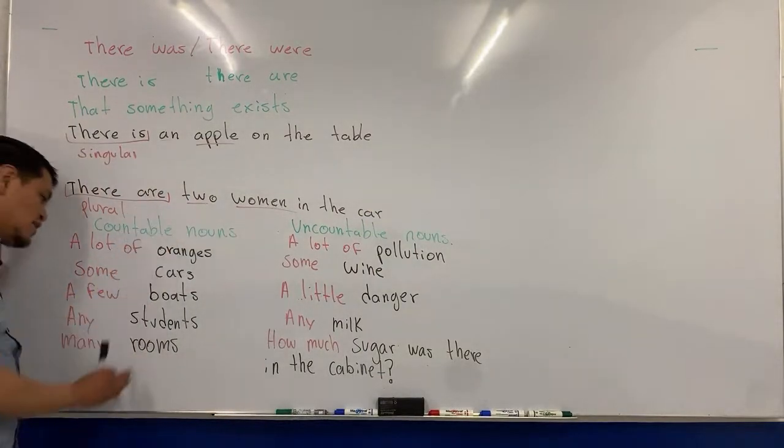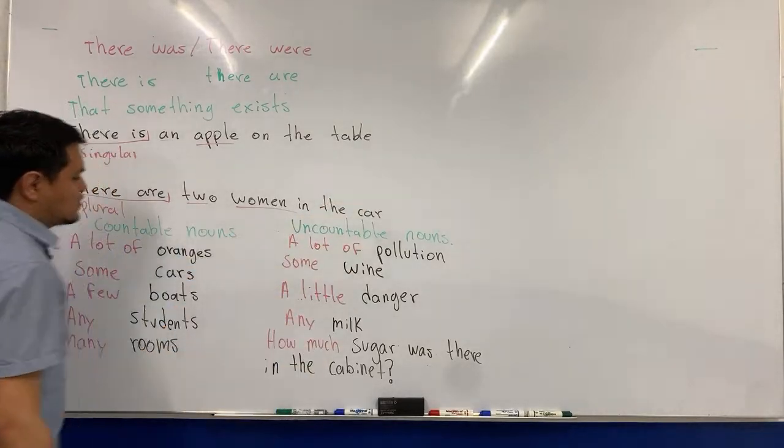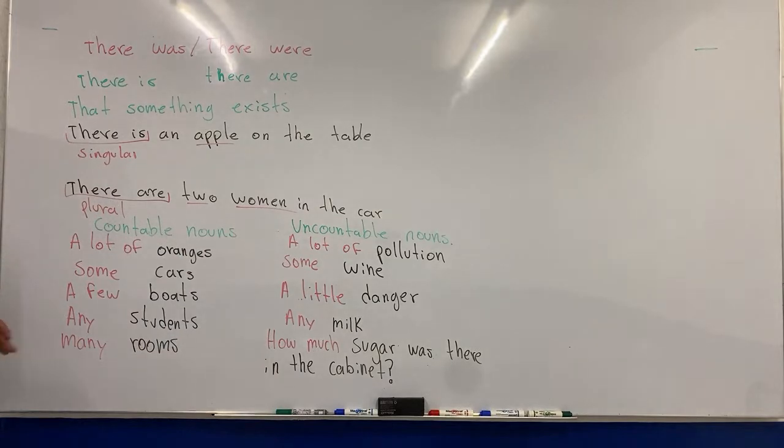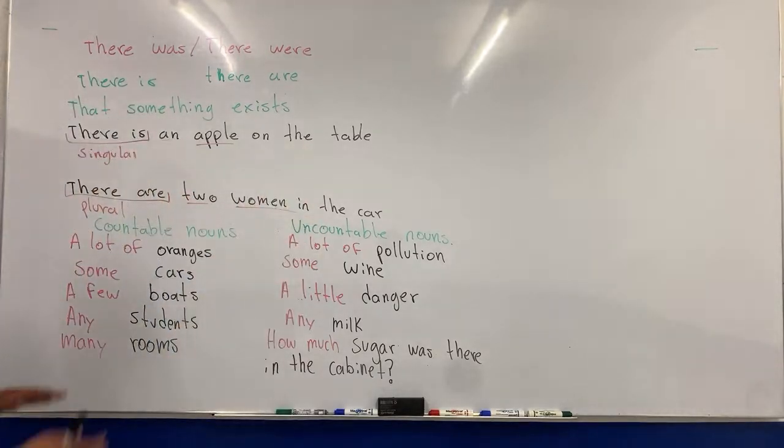Much is for uncountable nouns. A lot of, mucho, we use for both countable and uncountable. Some is the same, we use it for both: some cars, some wine. A few only with countable nouns and a little only with uncountable nouns.